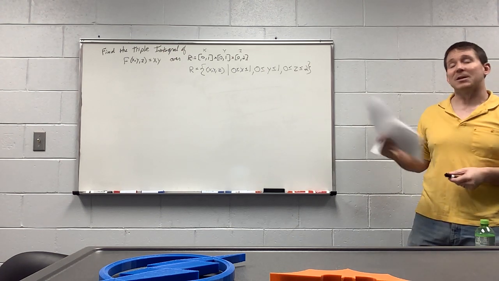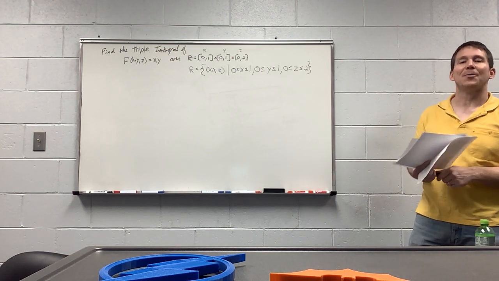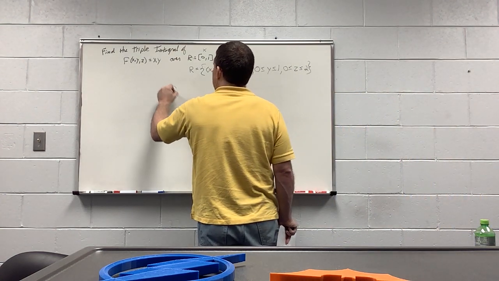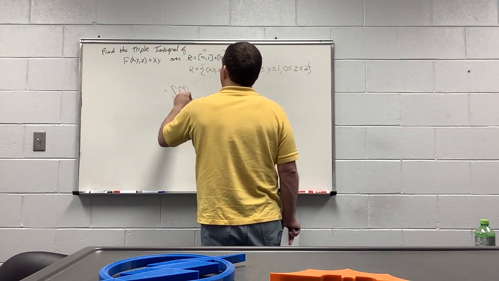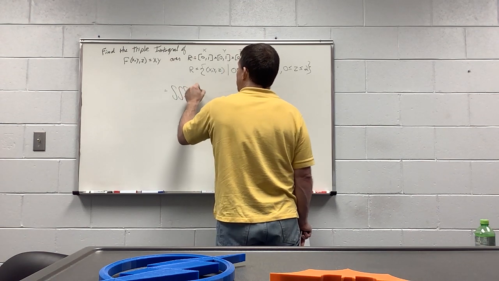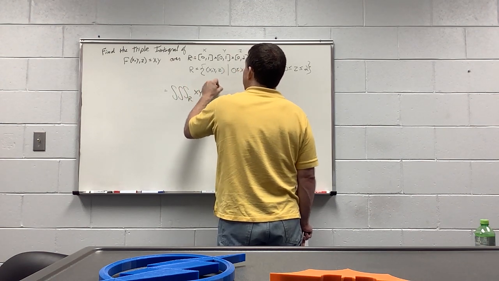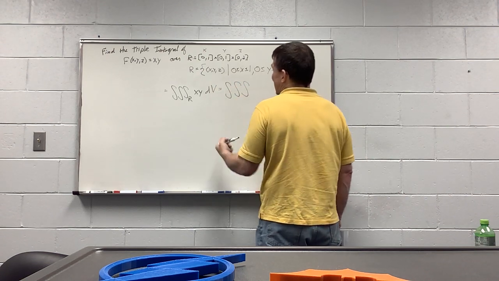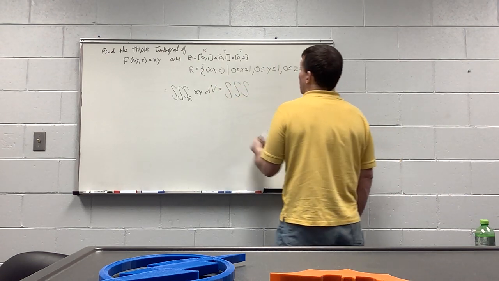Now set up my integral. I'm not going to bother to take the time to draw out that region and all that. And I get the triple integral over R of my function xy dV is equal to the triple integral. Since it's rectangular, I can do it in whatever order I want.